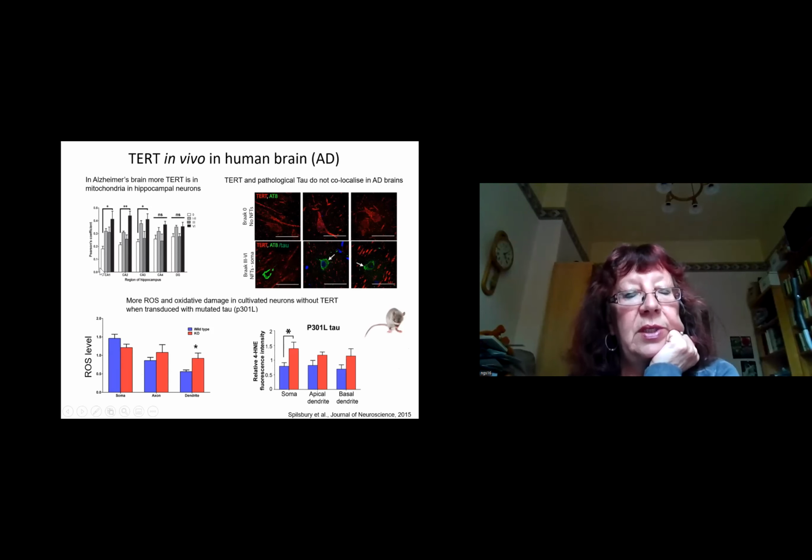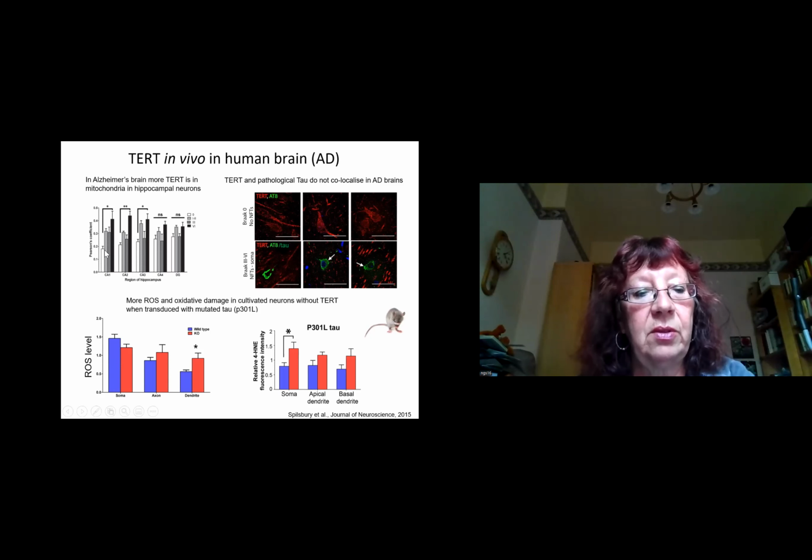However, what we found is more TERT protein localized in the mitochondria. You remember what I initially told you about our cell culture experiments. It's known that oxidative stress occurs not only in old brains, but especially in brains from people who suffer from neurodegeneration, be it Alzheimer's disease or Parkinson's disease.